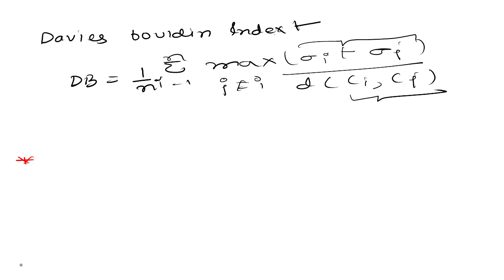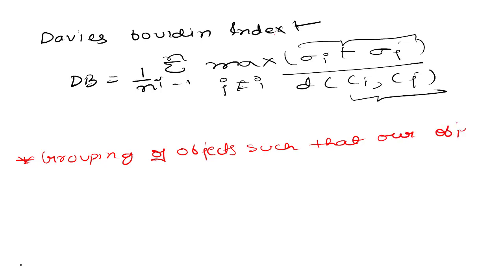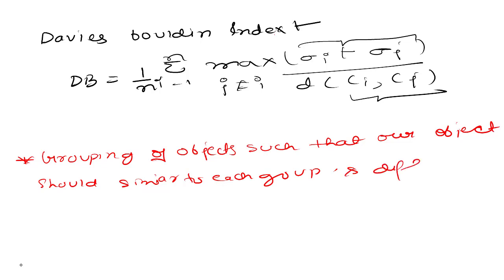So clustering is simply grouping of objects or elements in such a way that objects in a group should be similar to each other within that group, and differ from another cluster.